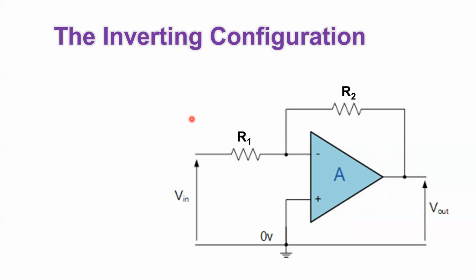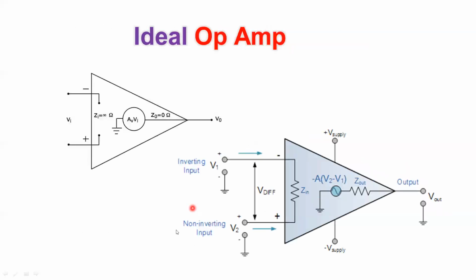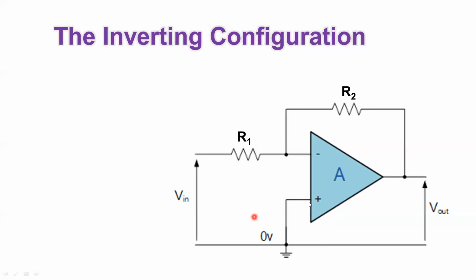Now, as you can see, I connect the positive terminal, which we call the non-inverting terminal, this is V2. I connect V2 to the ground. I connect V1 to a resistance called R1 and then to an input voltage Vin. And again, I connect the output to V1, which is the inverting input, through a resistance called R2.